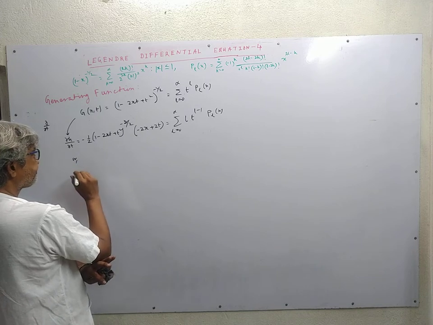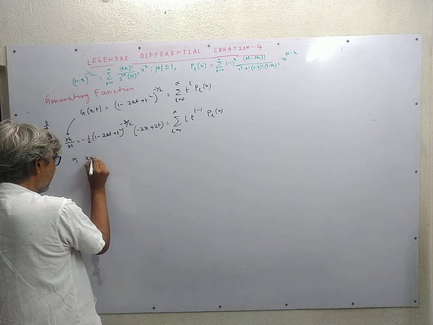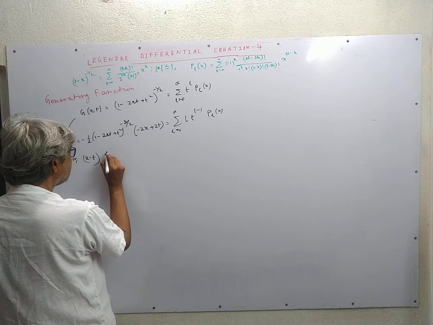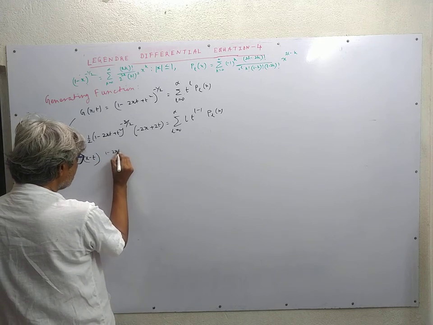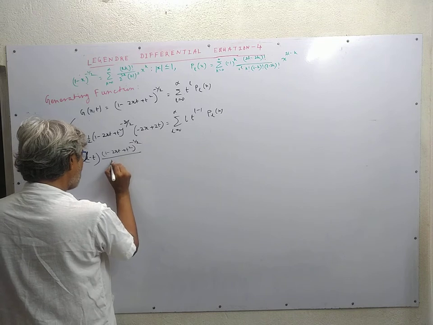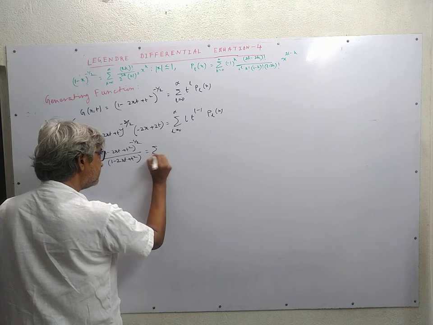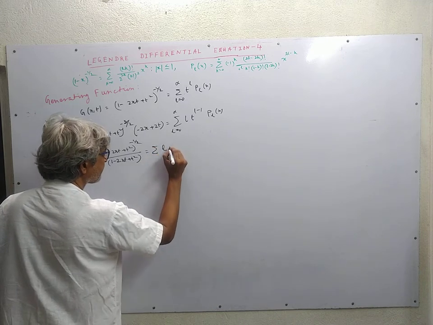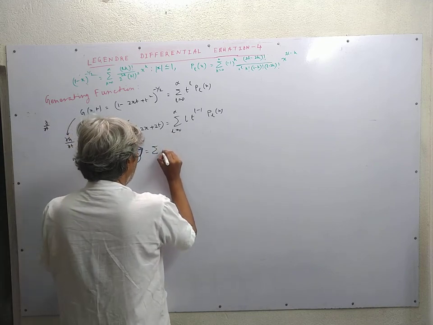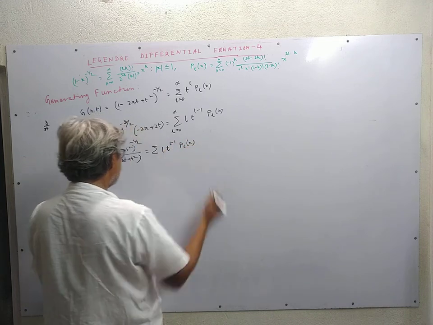So we write it as x minus t, and t to the power minus 3 by 2 we write it as 1 minus 2xt plus t square to the power minus half, 1 minus 2xt plus t square, L t to the power L minus 1 PL of x.